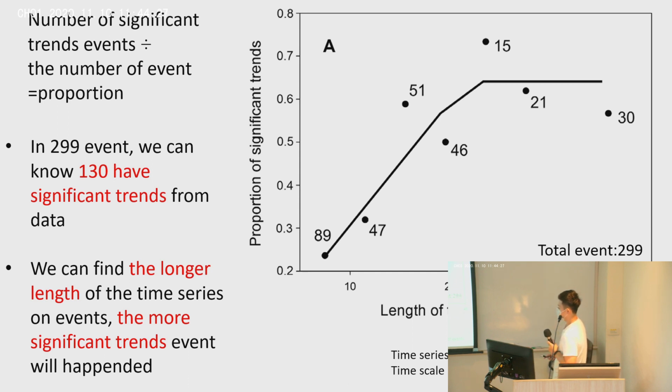The x-axis is the length of the time series, and the y-axis is the proportion of significant change. We can know that 130 have significant change from the data, out of 299 in total. Looking at the line, we can find that the longer the length of the time series, the more significant change events will happen.